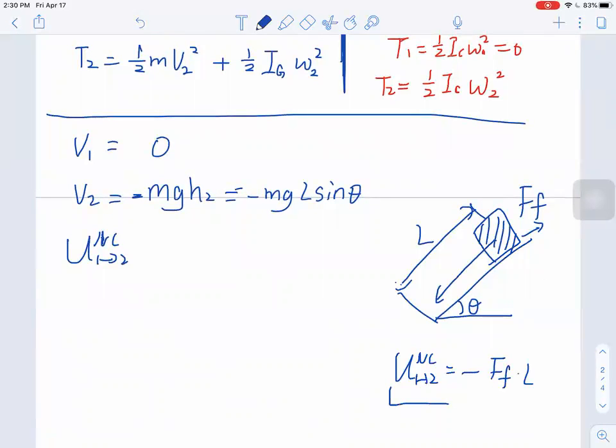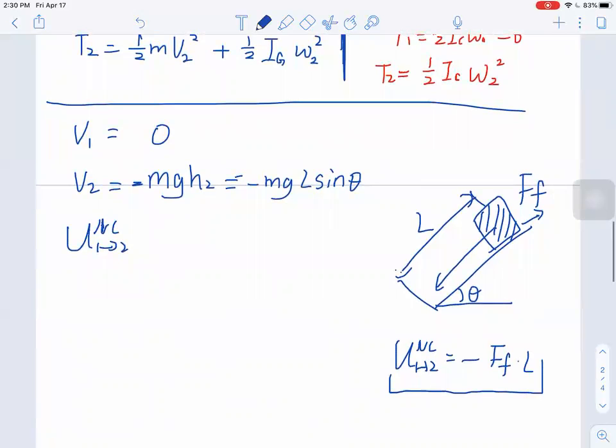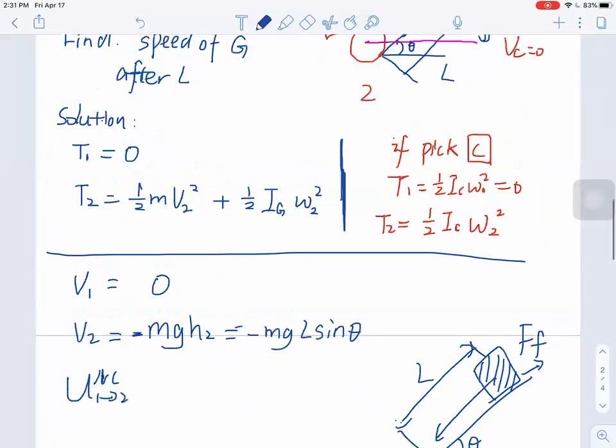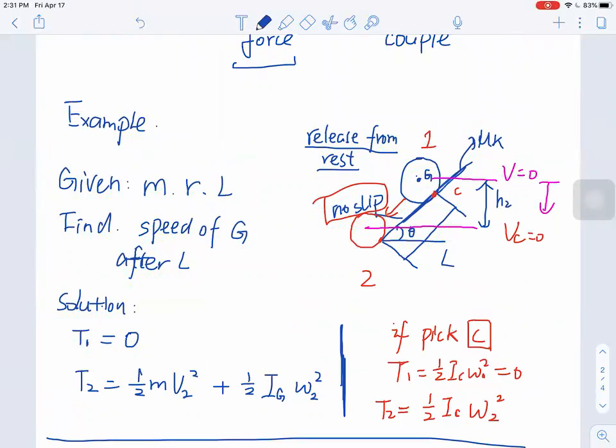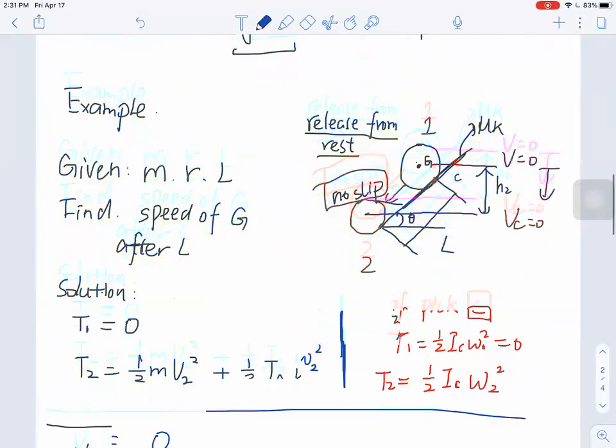That's the same as what we did in chapter 4. And remember, the friction force work is always negative. But in this problem, we have a disk. It's rolling with no slip. So that would change how we calculate the non-conservative work.